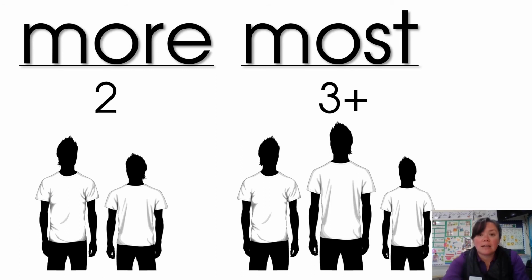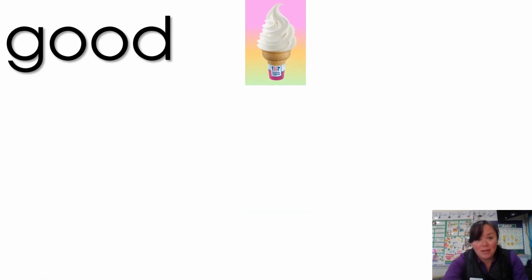So let's take a look at 2 other words that I want to explore. The first one is the word good, okay? We compare things and we'll say, oh, that is so good. Awesome. But what if we are trying to compare 2 things? How would we use the word good? We can't say gooder. That doesn't sound right. We can't say more good. Ooh, that one's more good than the other. That doesn't sound good either.